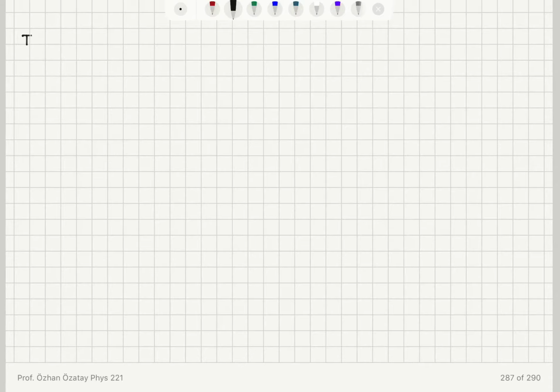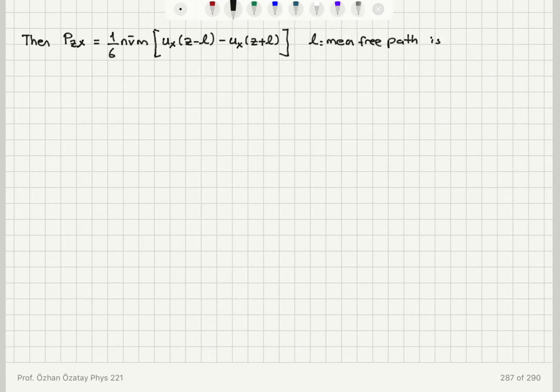Okay, then I would like to calculate the net momentum transported. So if I calculate the tangential stress Pzx, this is going to be equal to 1/6 n v bar m times the momentum that is being transported from below the plane, which have a speed ux at z minus L, and then the ones that are crossing the plane downward, ux at z plus L. Here L is the mean free path, which is very small.